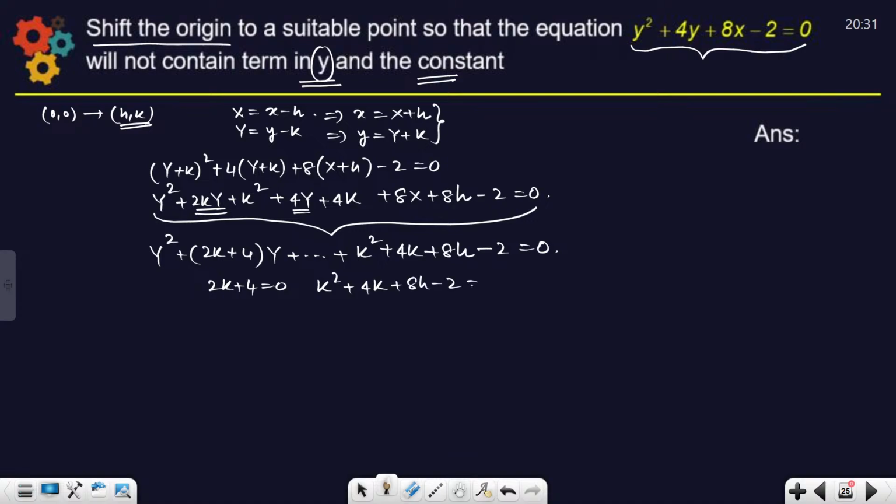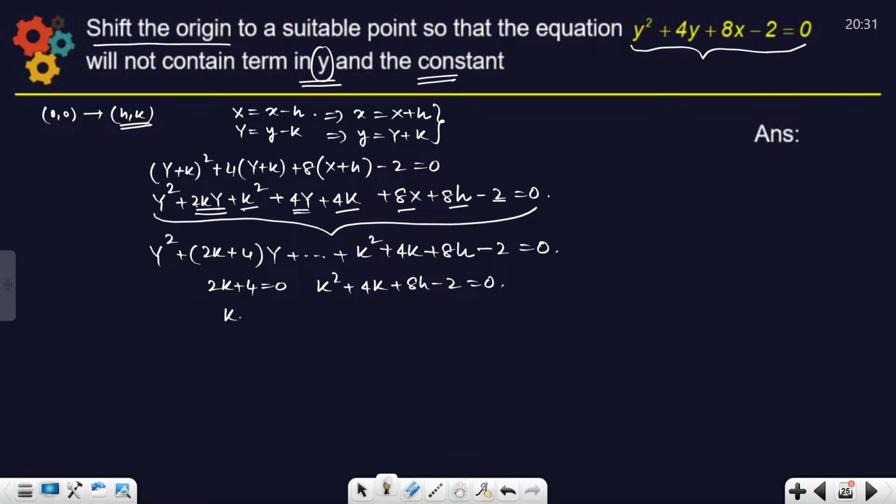Tell me yes or no. These two terms will be equal to 0 because the equation does not contain any term in y and does not contain any constant term. So here the constant term is k square plus 4k plus 8h minus 2. 8X is there, I don't need that. And the coefficient of y will be 2k plus 4. That's exactly what I have written.